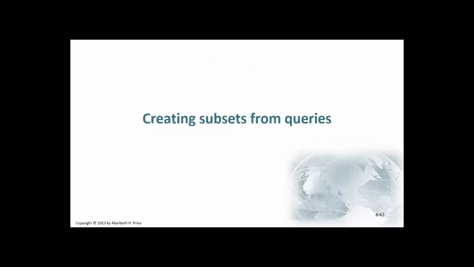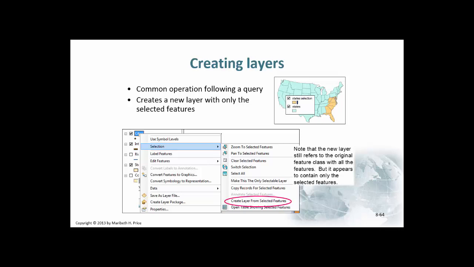Most analyses require multiple steps, so you want to create subsets as you go. In many cases, you'll want to create a layer from the selected features. This adds another layer to your data frame, which only includes those features that were selected.